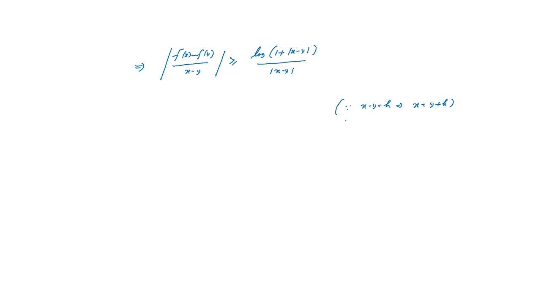So that will be f of y plus h minus fy by h, this value is greater than or equal to log of 1 plus h by h. We have taken mod of x minus y equals to h. So h is greater than 0.